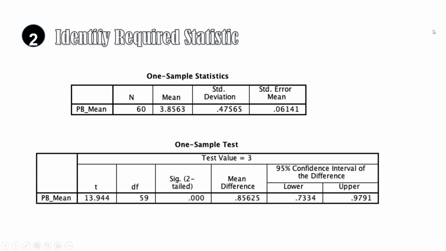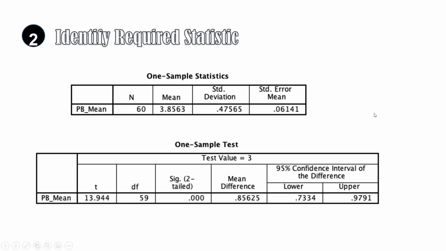Okay, so we have two tables. One is sample statistics, in which we report the mean, standard deviation, and standard error of the mean, and then the sample size. Based on the one sample test, at the top we can see the test value is 3. Then we report t, df, significant two-tailed, and mean difference.